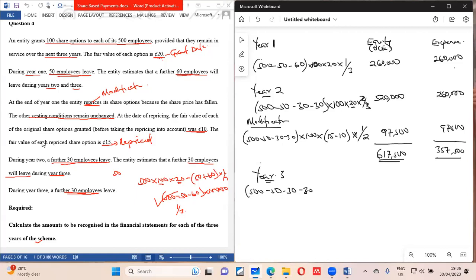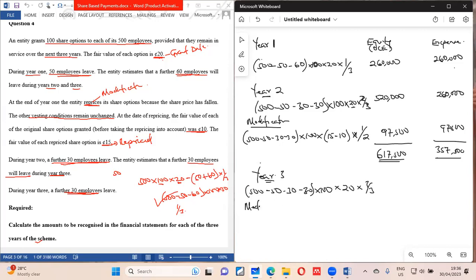Then this one, the 30 that left in year 2, then the new 30. So that is what we have. So we do multiply by 100, multiply by 20, multiply by 3/3. So what will we have here? So get it for us.